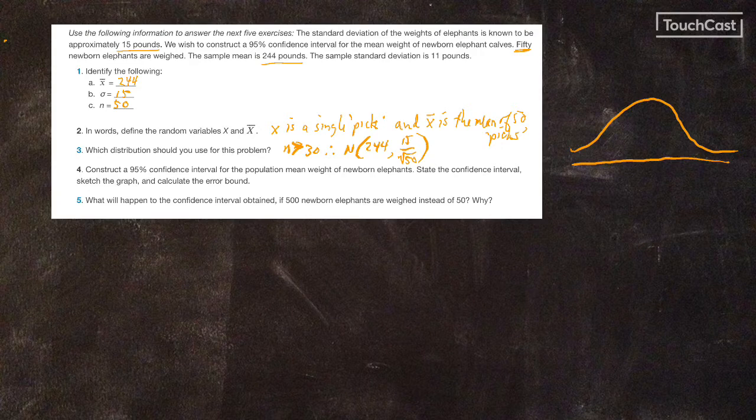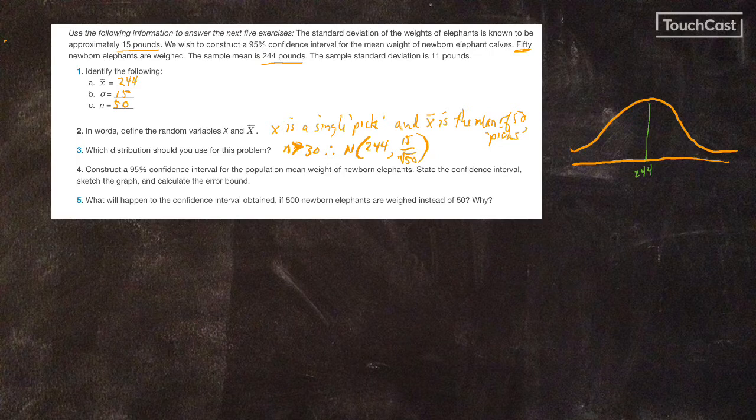And that should be a normal curve. It's not drawn very well, but here's our normal curve, and here is our mean, which is 244.